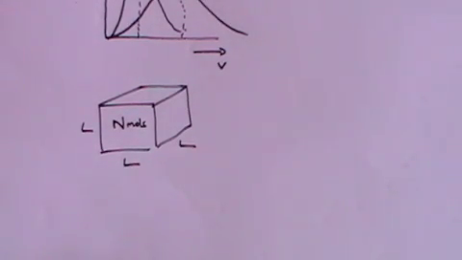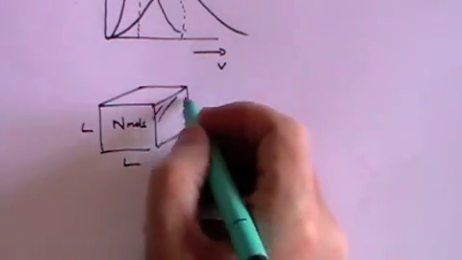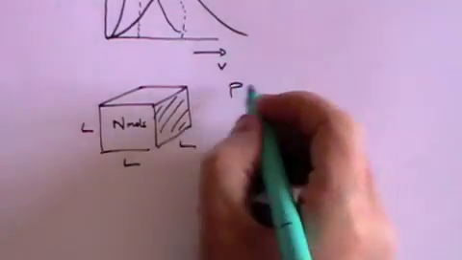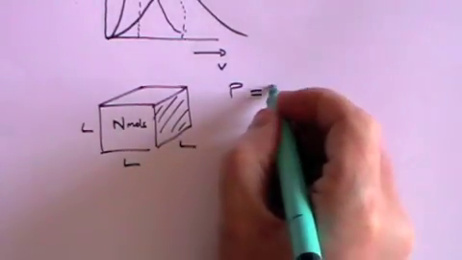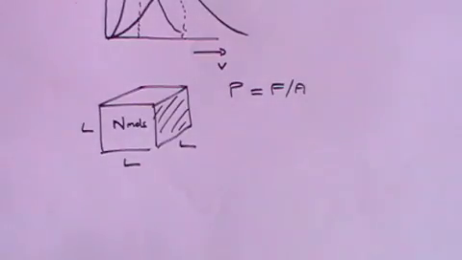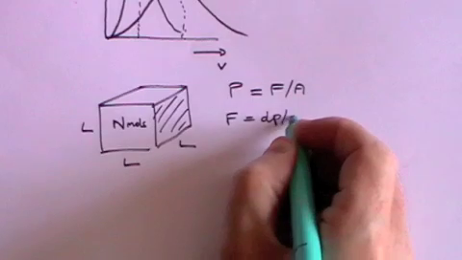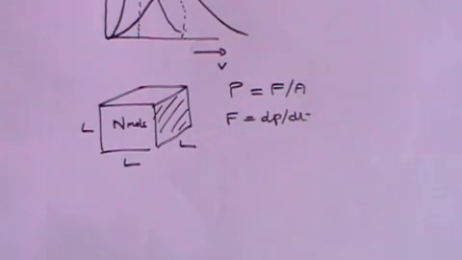What is the pressure on, let's say, this face of the cube? Well, pressure, we know, is force divided by area. And force is the rate of change of momentum. P is momentum. Well, momentum is mass times velocity.